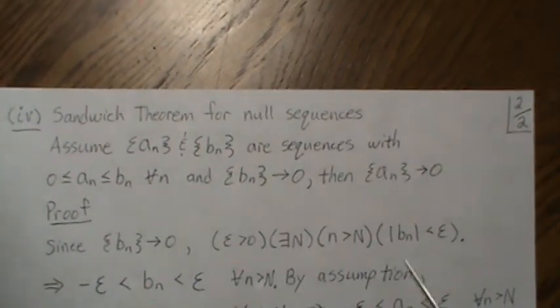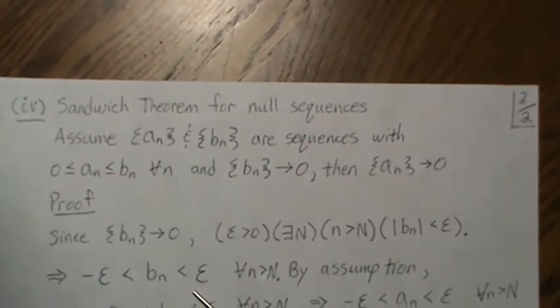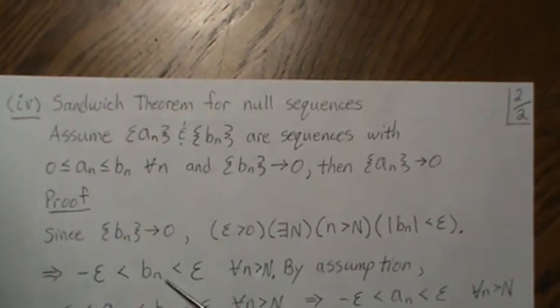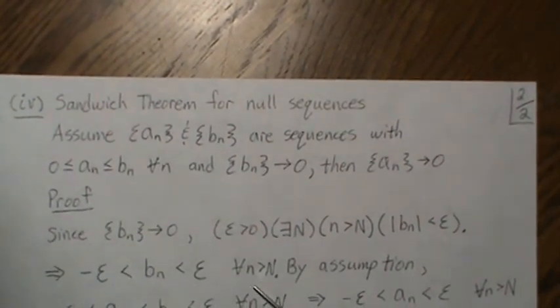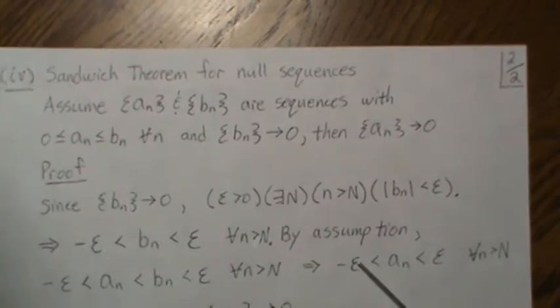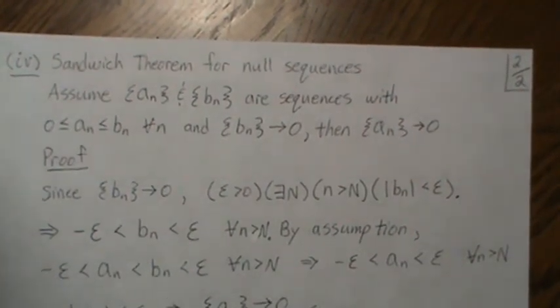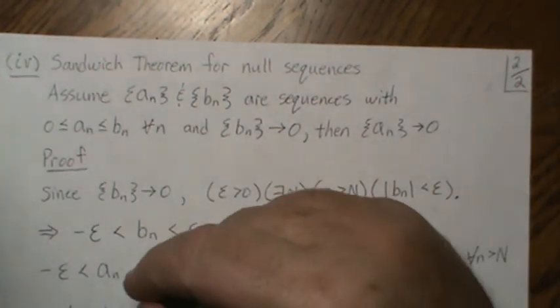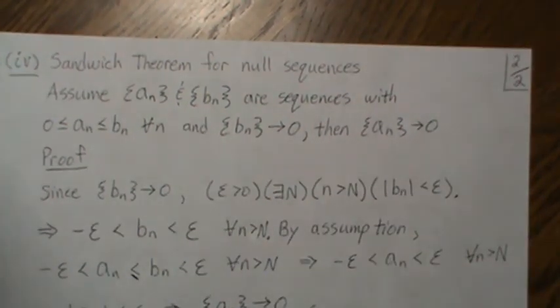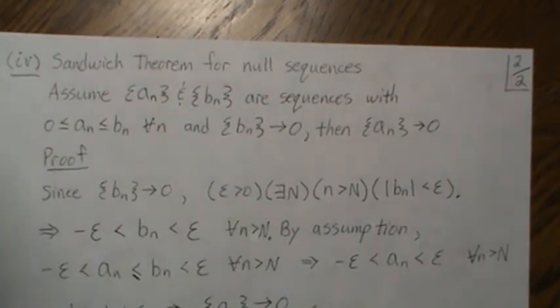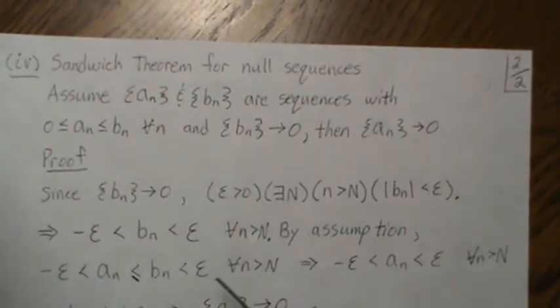So then this condition is this, that b_n is between these two numbers, and that's for all n greater than N. But by assumption, we know that a_n is less than or equal to b_n, and that's for all n.